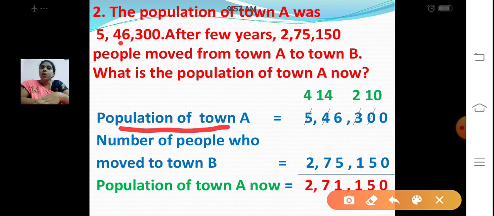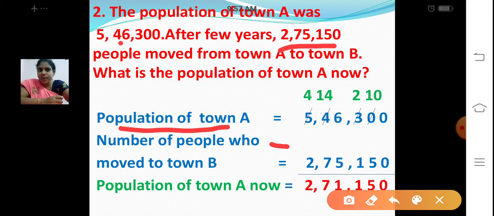Number of people who moved from town A to town B is equal to 2,75,150. So, how will you find out the population of town A now? You are going to subtract these two numbers, right? Population of town A is equal to 5,46,300 minus the number of people who moved to town B, 2,75,150. Let's subtract these two numbers now.